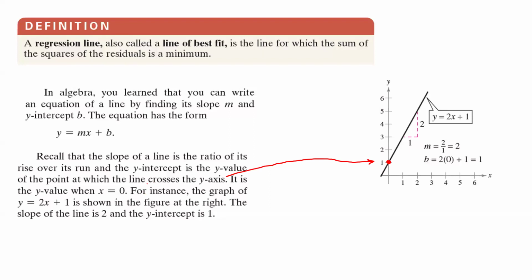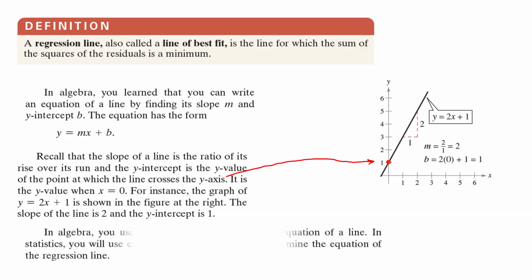So to find the y-intercept, we just set x equal to 0. In this case, as you can see, the y-intercept is 1. In algebra, you just use two points to graph a line or come up with the equation of the line.